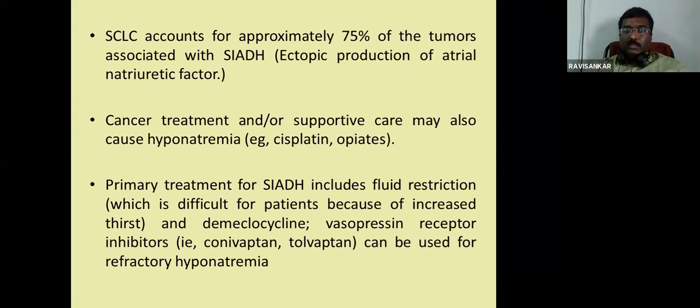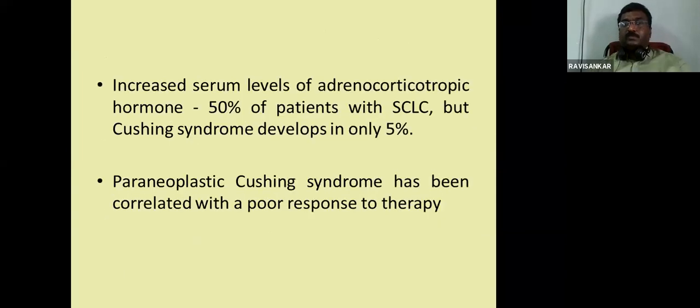Usually this SIADH needs fluid restriction, and demeclocycline can be used for refractory hyponatremia. There are also 5% of cases that can be associated with Cushing syndrome. Small cell lung cancer with Cushing syndrome is a poor prognostic factor.